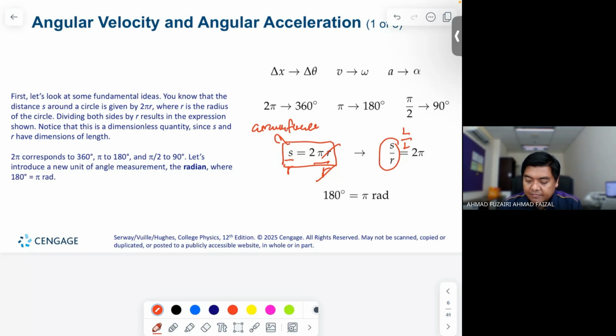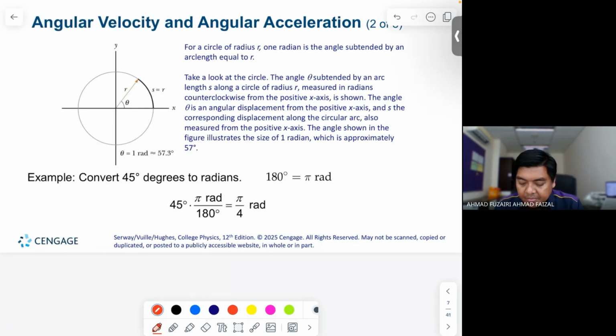It's a unit of rad. RAD stands for radian. The degree is a very small superscript of 0. That means 180 degrees is equivalent to pi radian.